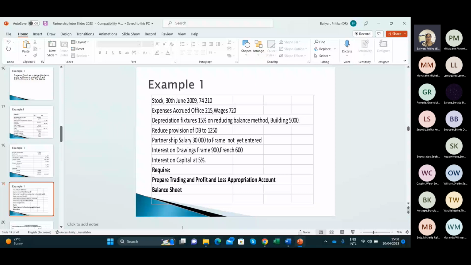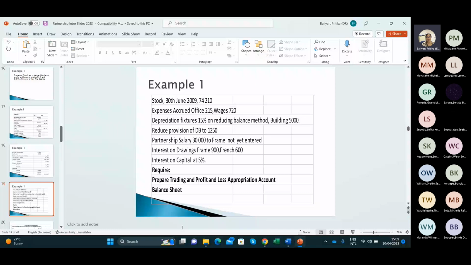And on this page, there are year-end adjustments, the adjustments of accrued expenses like office 215, wages 720. Depreciation has been charged on fixtures at the rate of 15% by reducing balance method, and the building is depreciated by 5,000 in this year.